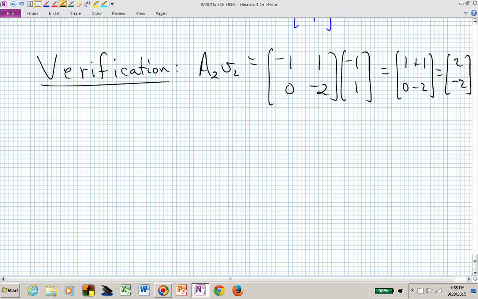And that vector then is, if we factor out a -2, -1, 1. Which is now this -2 v sub 2. And there's our verification.